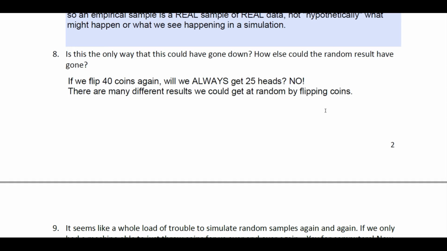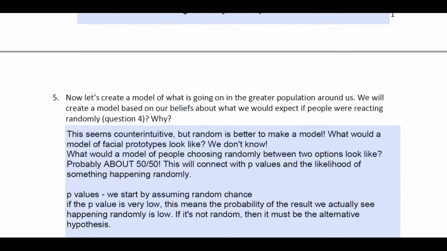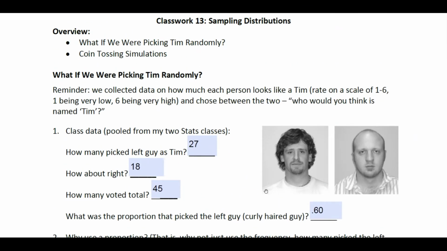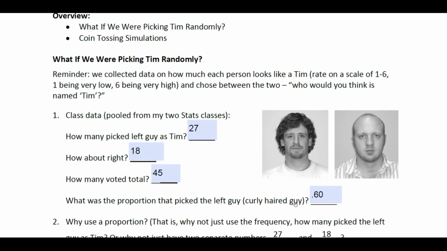We want to look at, okay, if we did this randomly tons and tons of times, how likely is it that we would see a result like our real result? If it's pretty likely, if it comes out 60% a lot of the time, and that's not so weird, then we could say, well, this could have happened randomly.